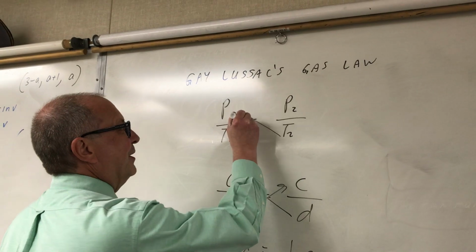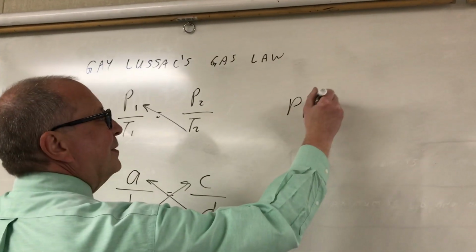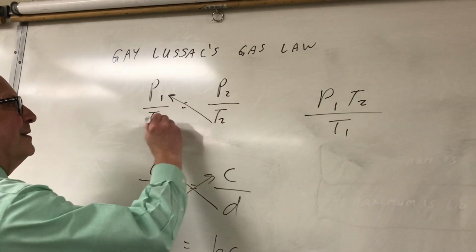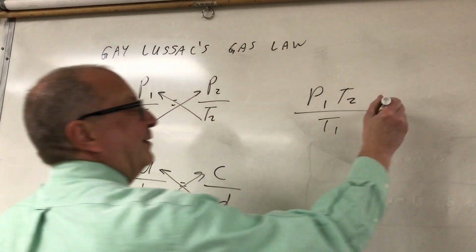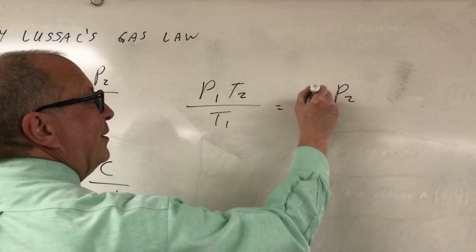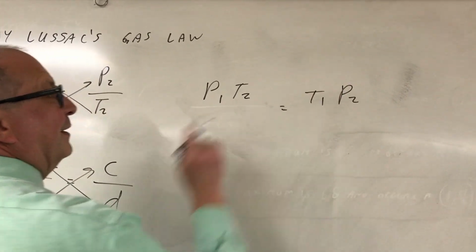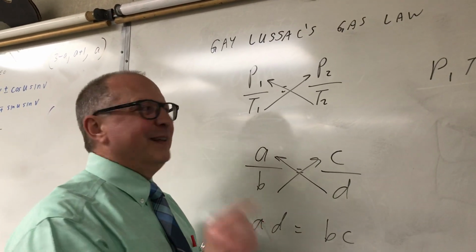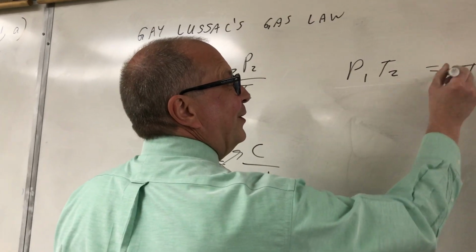So this can go up here. And now you've got P sub 1, T sub 2 over T sub 1. This can go over here. The P sub 2 is there already. And now we can move our T sub 1 over. And that's gone. And now it looks like that. It's just cross multiplication. This is the final result always.